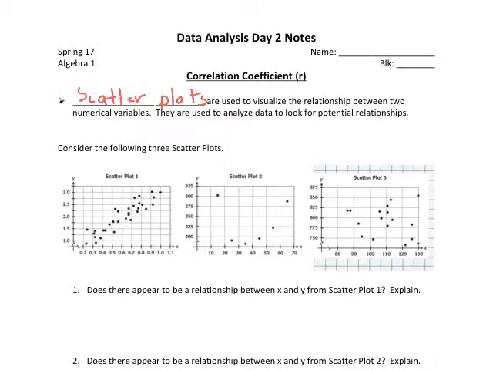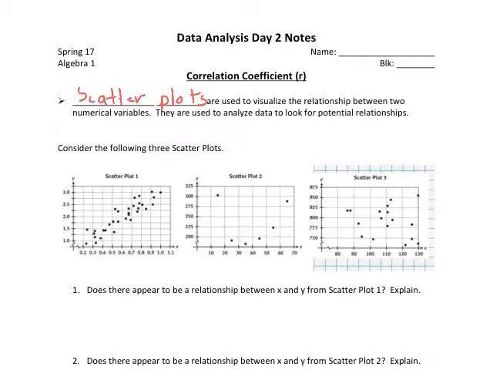Like if I wanted to look at general trends for the entire student population of Noblesville High School, okay, it's not plausible for me. As we talked about last time with sampling methods, it is not plausible for me to survey every single student.